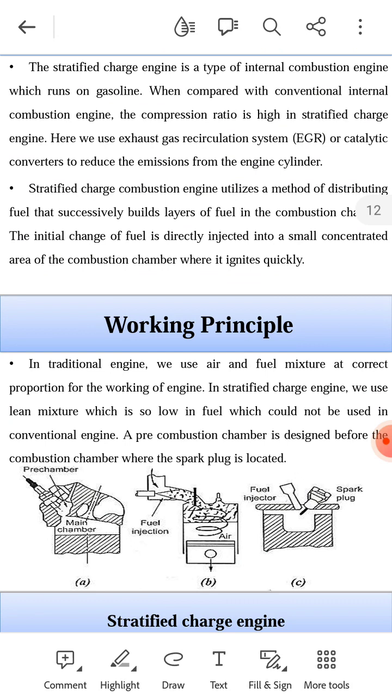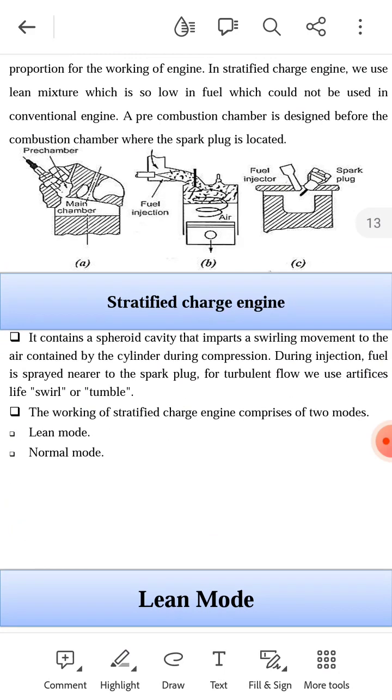Working principle. In the conventional engine, we use an air and fuel mixture at the correct proportion for the working of the engine. In the stratified charge engine, we use a lean mixture which is so low in fuel that it could not be used in a conventional engine. The pre-combustion chamber is placed before the main combustion chamber, where the spark plug is located.